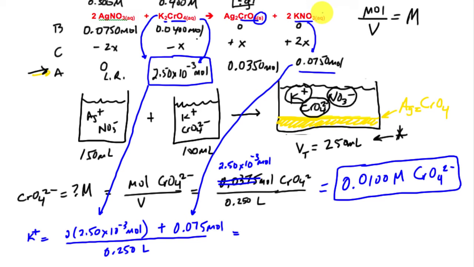Okay? Double check aqueous, aqueous, potassium, potassium. So we do that calculation, 2.5 to the minus third times that by 2, add that to 0.075 and divide it by 0.250, and I end up with a concentration of potassium ions of 0.32 molar potassium ions.